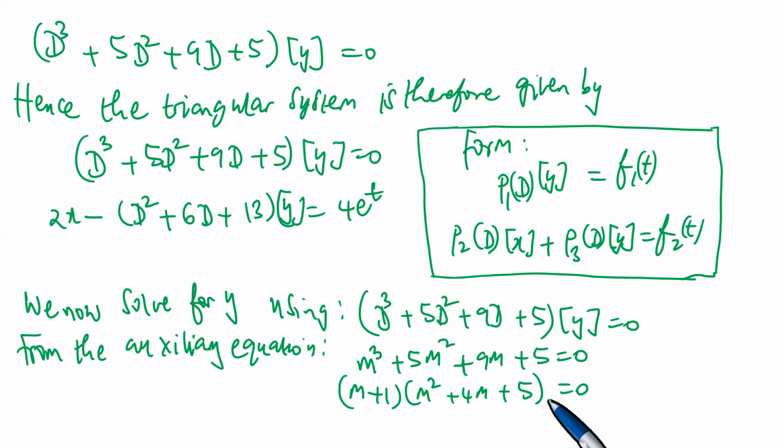So we have m plus 1, from which you are actually able to get m plus 1. Continue, m plus 1, and to just clean this up.